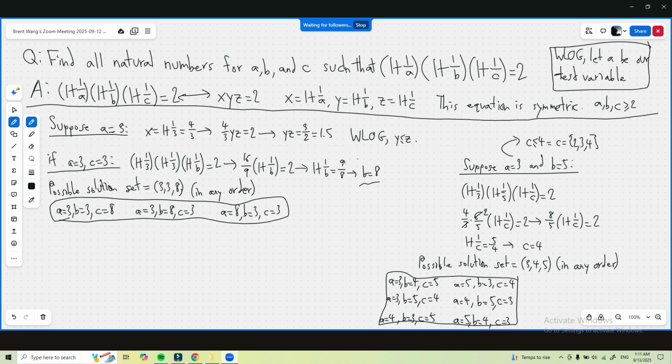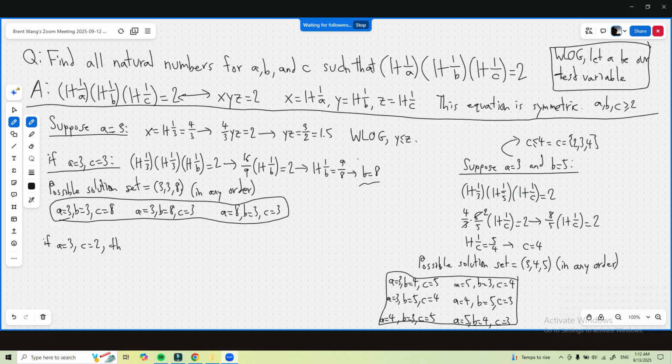Lastly, if A equals 3 and C equals 2, well, I'm not sure if you guys remember, but previously, when I said A equals 2 and C equals 3, we actually didn't find any solutions.